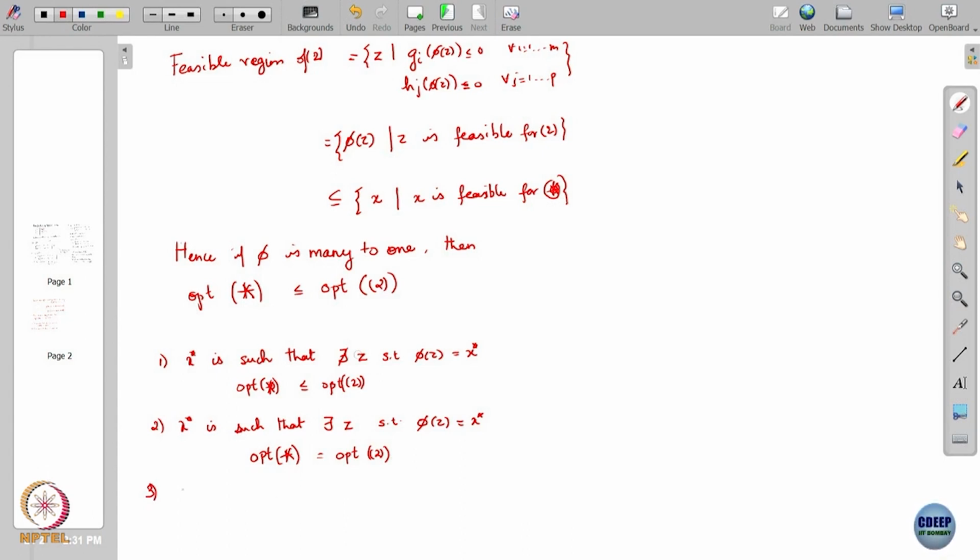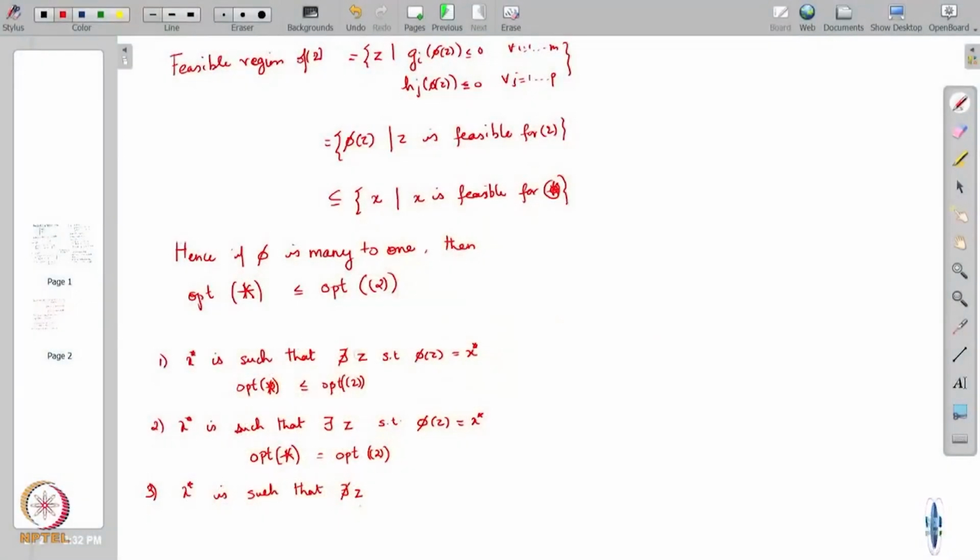Now, it can also still happen that the optimal values turn out to be the same, but the solution of star does not correspond to the solution of 2.